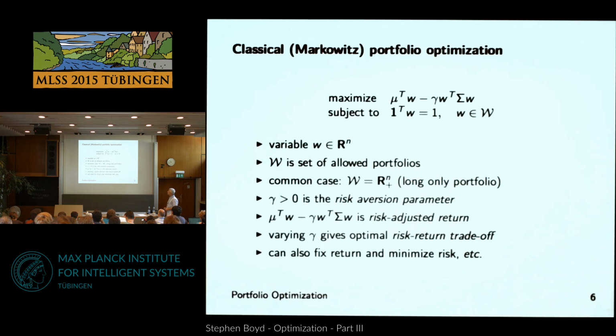And it looks like this. What you're going to do is you have two objectives, and to handle that, you're going to make a weighted combination, and you're going to fiddle with the weight, and that's going to trace out the Pareto curve, the optimal trade-off between the two things, right? And I'm doing this in the way they talk about it, okay? So you maximize the return, but then you subtract the risk because you want this to be small, and gamma is called the risk aversion parameter.